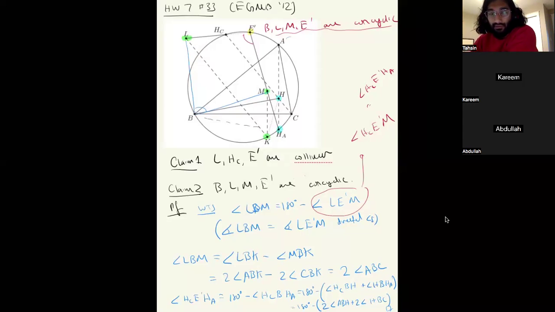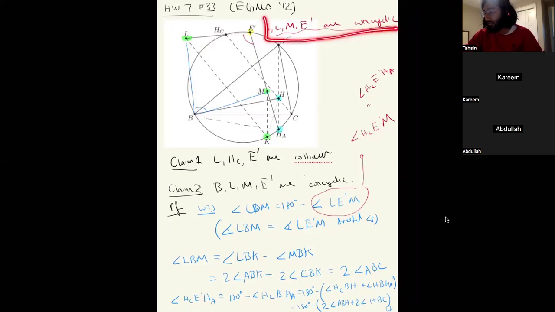Okay, so any questions about this problem? So maybe I'll ask one thing, which is kind of a strategy problem, right? So let's say we got to this point here, where we know we have to show that B, L, M, and E' are concyclic.